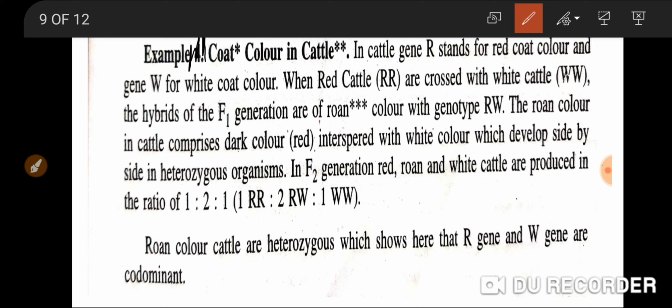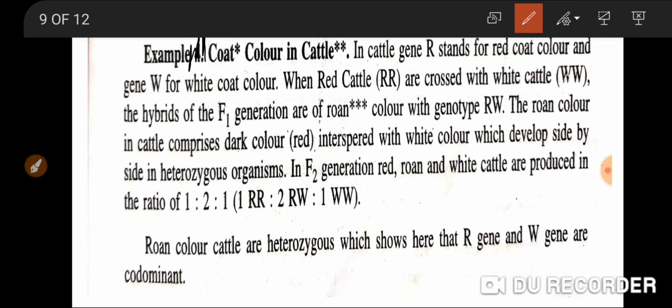When homozygous red cattle are crossed with white cattle, that is capital R capital R crossed with capital W capital W, the hybrids of the F1 generation are of roan color with the genotype capital R capital W. The roan color in cattle comprises dark color, that is red, interspersed with the white color, which develop side by side in the heterozygous organism.